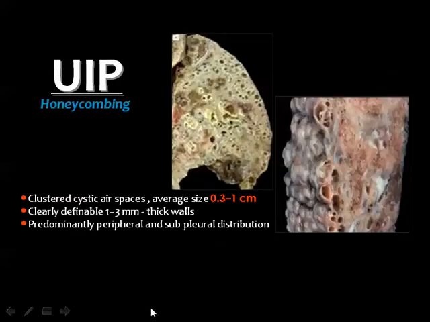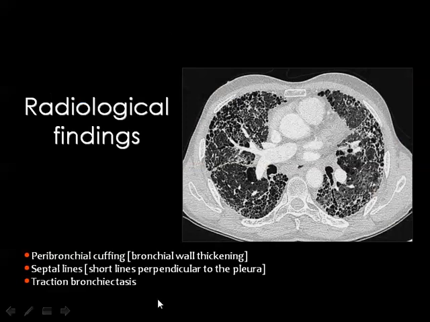And what is honeycombing? This is a cluster of cystic air spaces up to 1 centimeter in diameter. They are subpleural in location, and this is the gross appearance of honeycomb. Whenever you see diffuse lung disease with many opacities in the lung, you should start by looking for traction bronchiectatic changes.